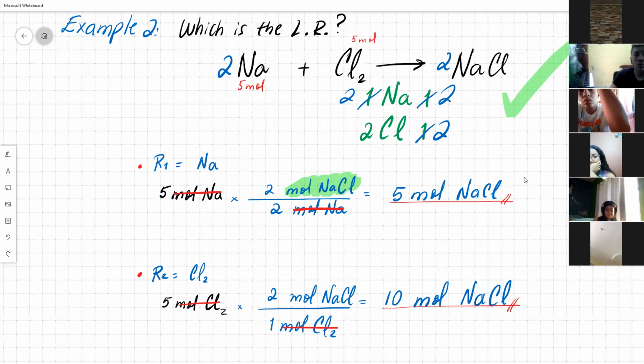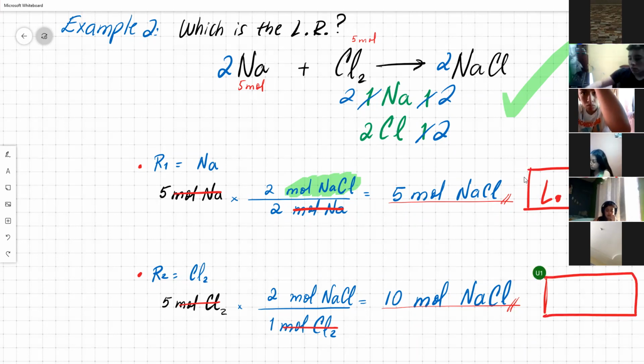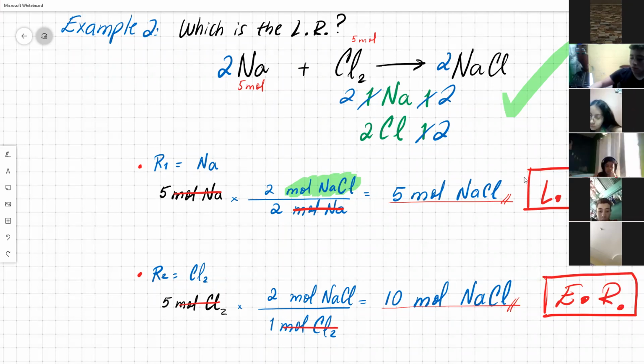You can just indicate that this is the limiting reactant. Therefore, the excess reactant is going to be chlorine. With this, you already solved example number 2.